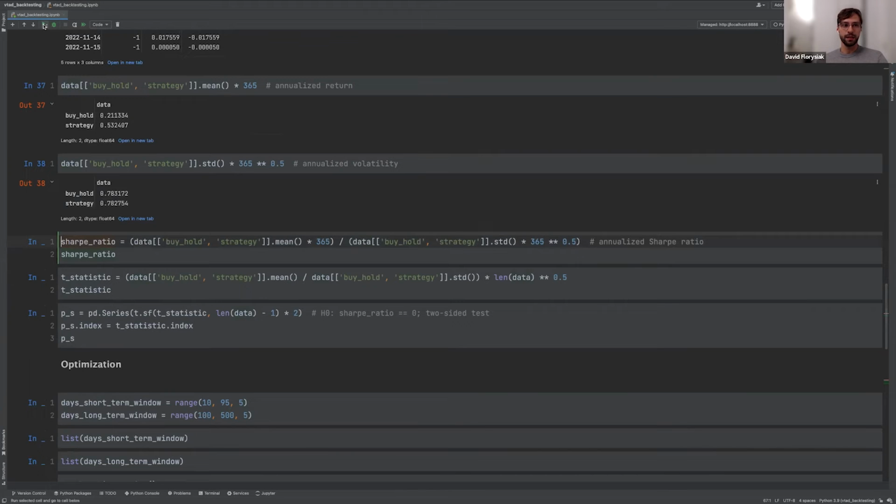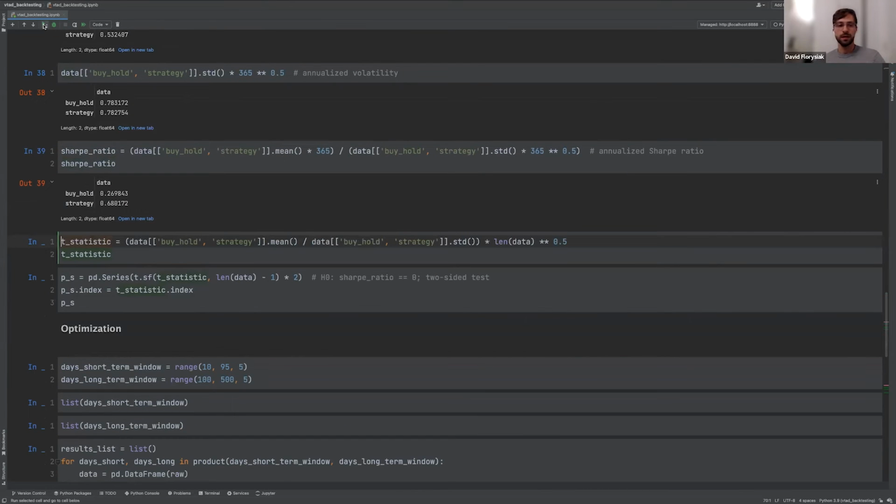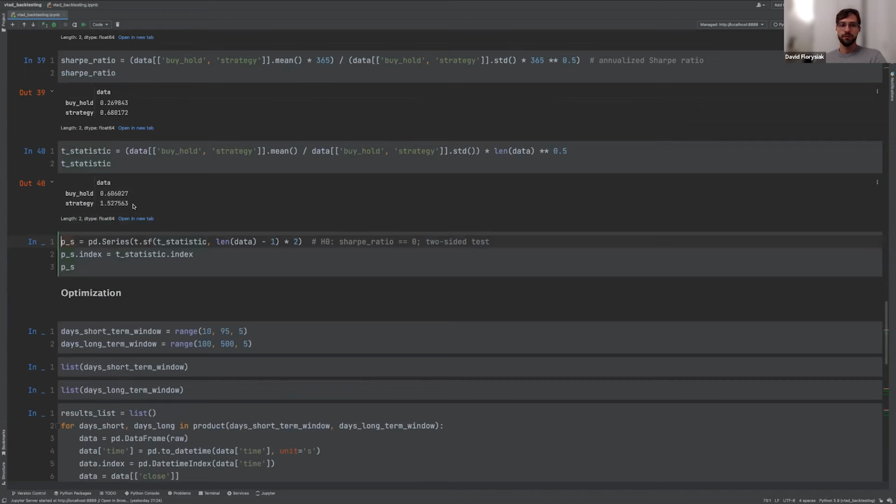Then we can calculate the Sharpe ratio if we have the mean and the standard deviation. The strategy Sharpe ratio is 68%, and the buy and hold Sharpe ratio is just 26%. The t statistic that would result would be 1.52 for the strategy. That's the one we're interested in.